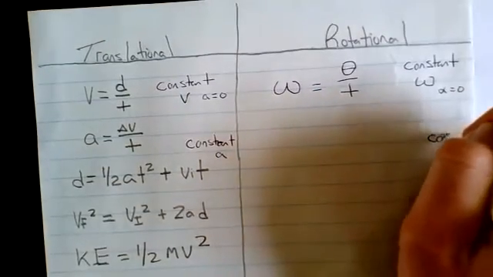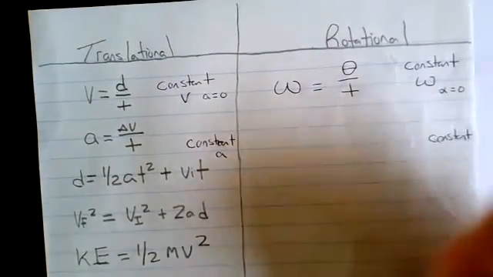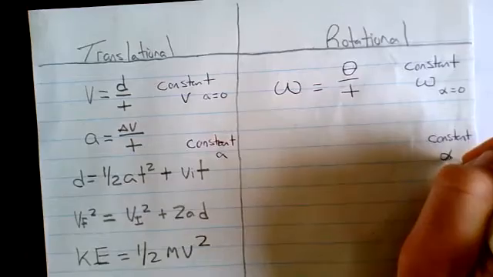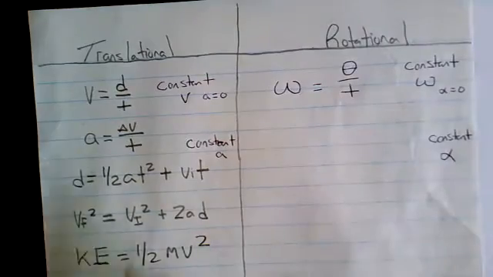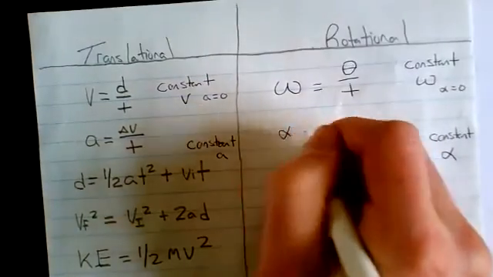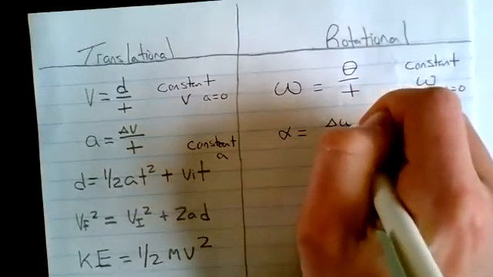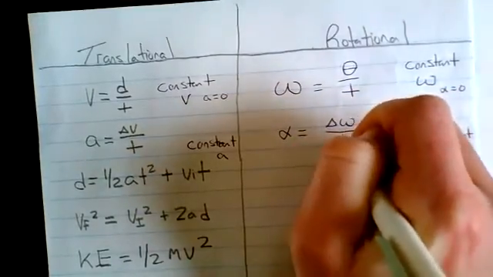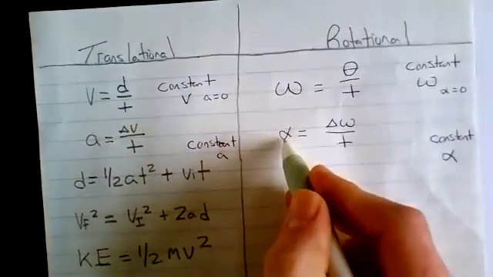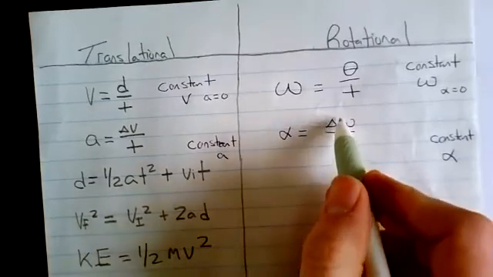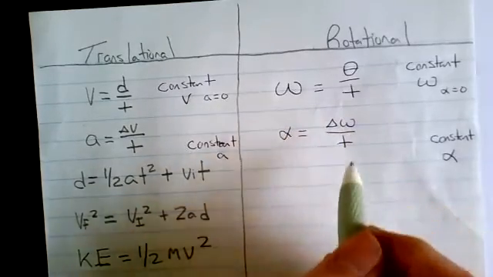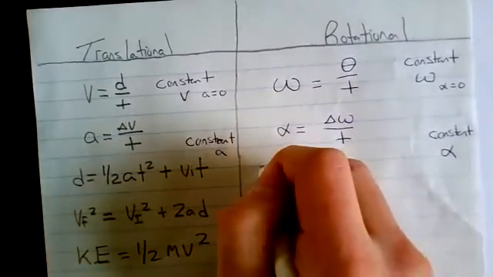Well, of course, constant angular acceleration equations. Alpha equals change in omega over time. Angular acceleration equals the change in angular velocity over time.